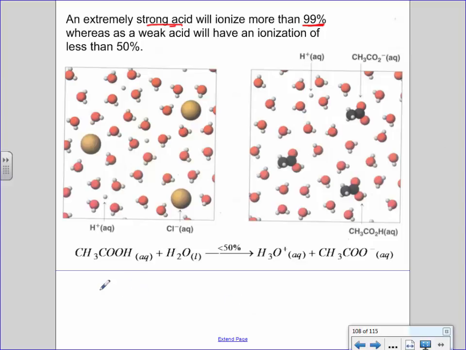If HCl reacts with water, it would give hydronium and Cl negative. The way this table works is it tells you in the second column what it turns into when it loses its hydrogen. Can you see how HCl, in the column next to it, gives Cl minus? That tells you what the other species would be right here.